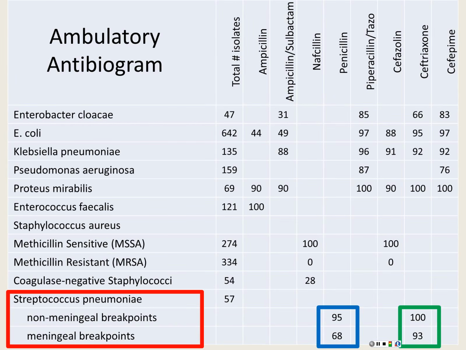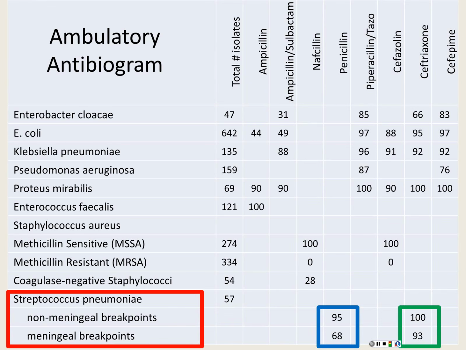And so what you'll see in the blue box is for our non-meningeal breakpoint, we have very, very good susceptibility of penicillin to strep pneumo, meaning that oftentimes, really 95% of the time, you could use penicillin for treatment of a strep pneumo pneumonia, for example, and you don't always have to stick with ceftriaxone. You can de-escalate down to penicillin.